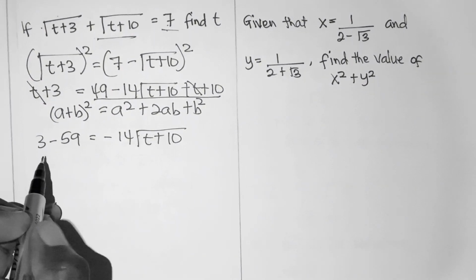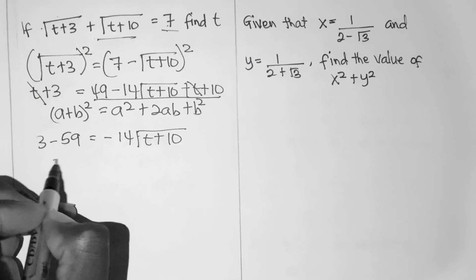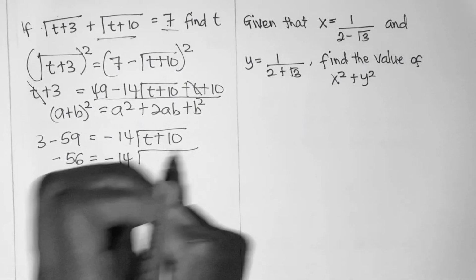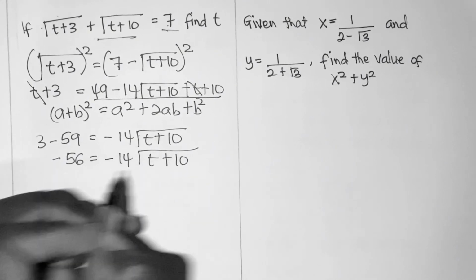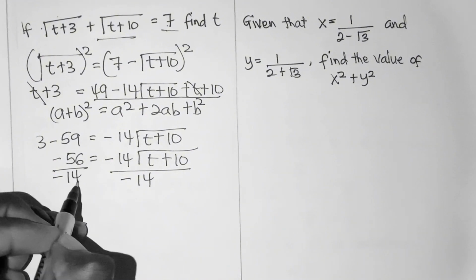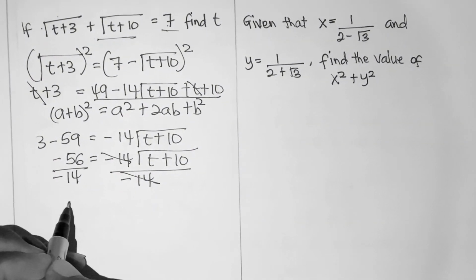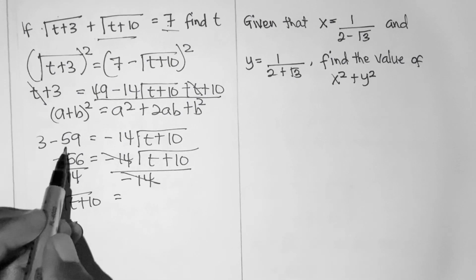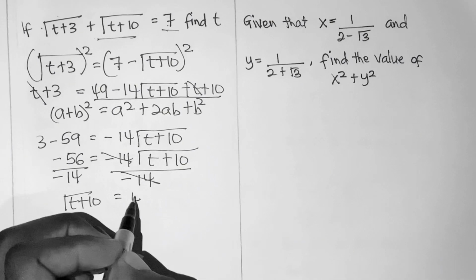So 3 minus 59 is minus 56 equals minus 14 square root of t plus 10. So you can divide through by minus 14. So it implies that square root of t plus 10 is equal to minus 56 divided by minus 14, which is 4.